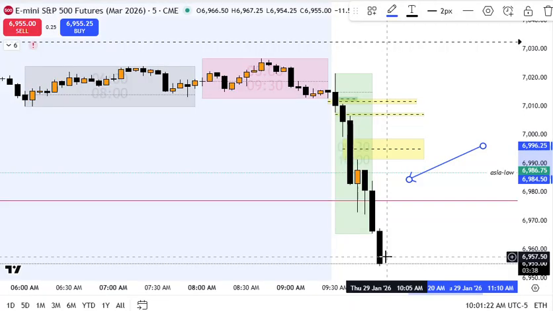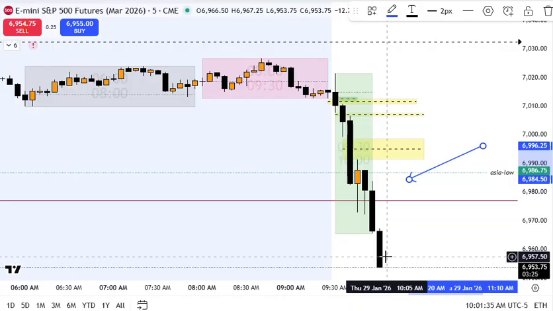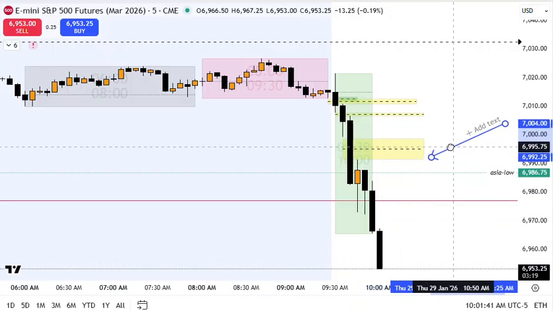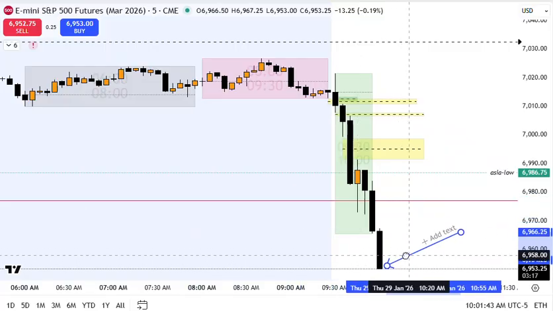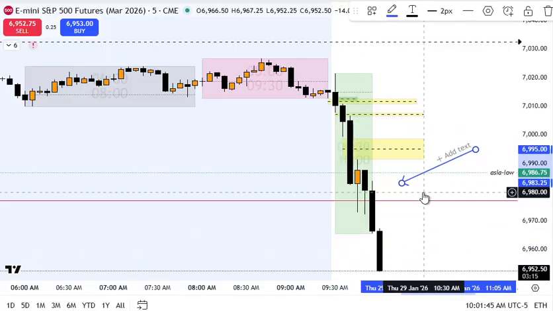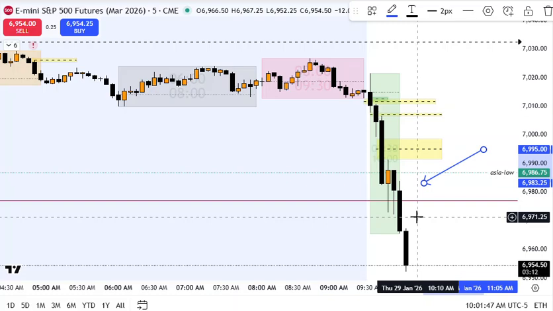What I'm looking for is an overlap between the fib and the fair value gap. So we just let price do what it needs to do. Once it establishes some kind of low, on this 5 minute drop, we will come back. There's nothing for us to do right now. Just let price do what price wants to do.